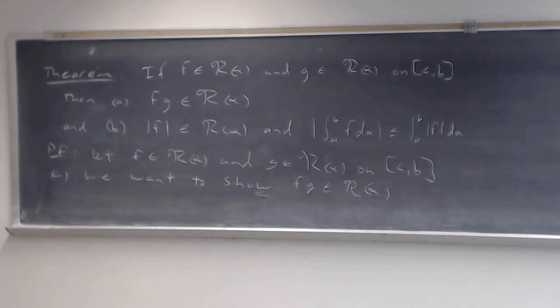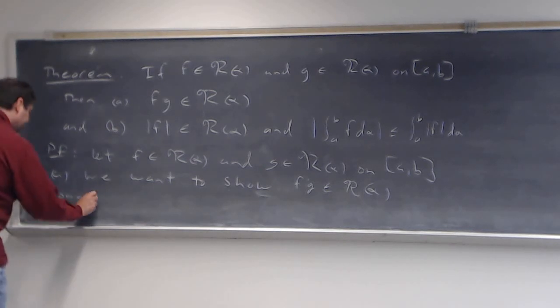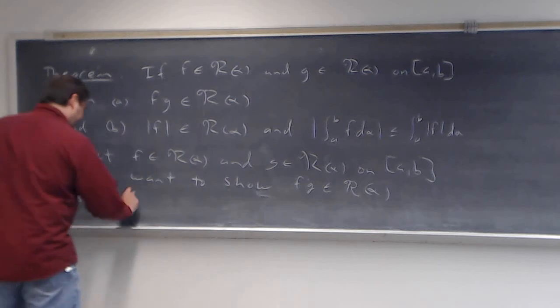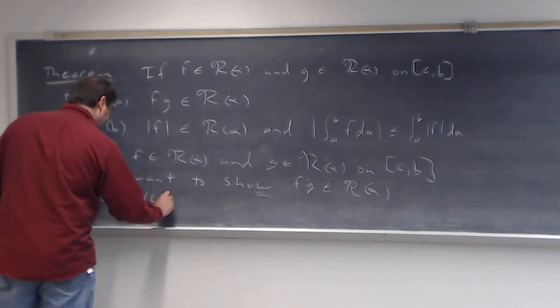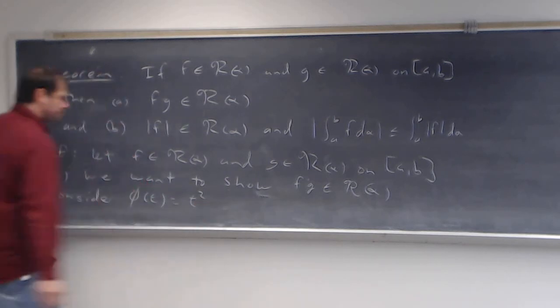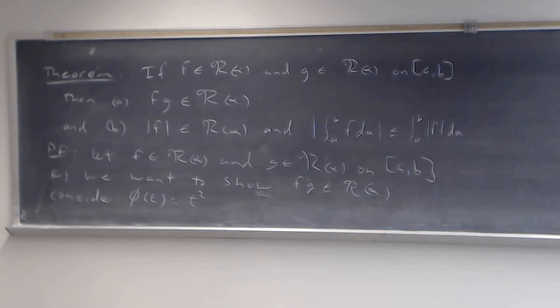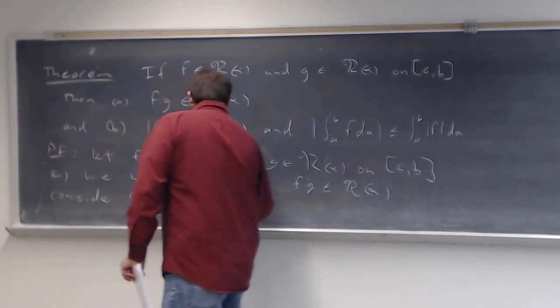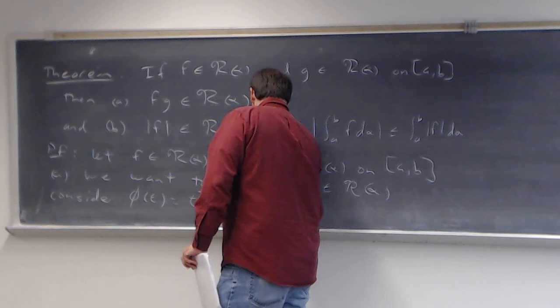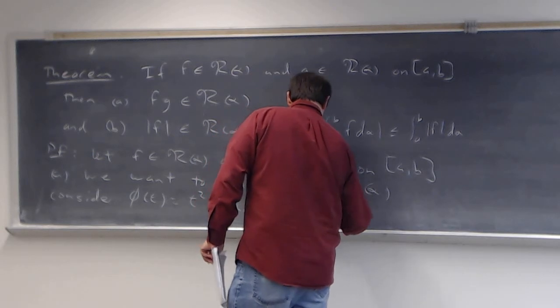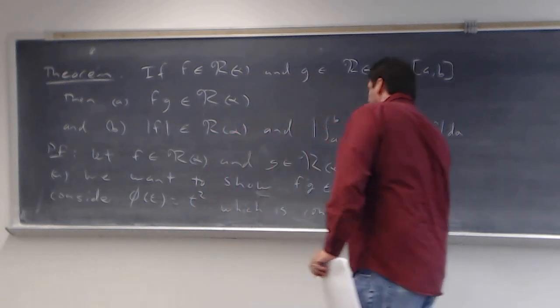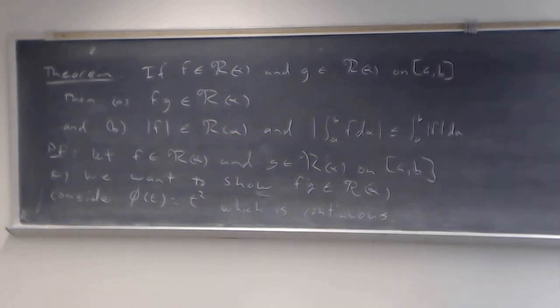Okay. And so what we do, it's a very nice trick here, we consider this function phi of t being equal to t squared. Then we notice that this is continuous. So t squared is continuous.